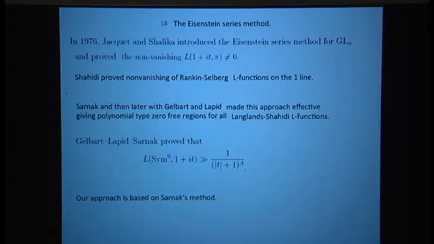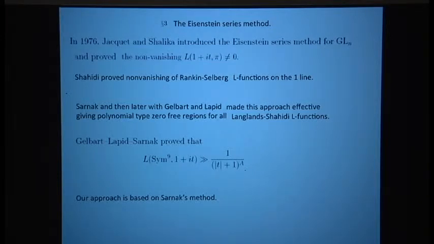Especially, they proved the symmetric ninth of the L-function on GL(2) has such a lower bound, 1 over t to some power, although the analytic property of the symmetric ninth is not completely clear. So there's no way to use the classical method in this case because we really don't know much about the analytic property of the symmetric ninth.